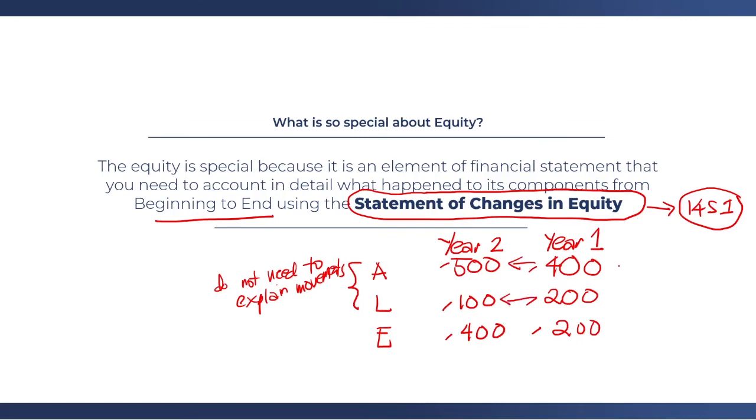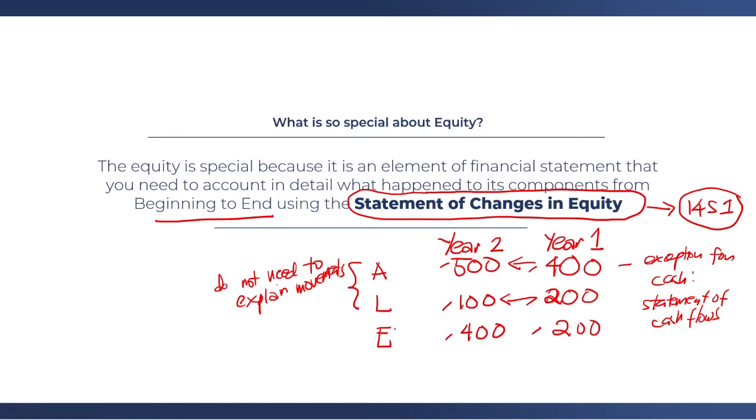But for the assets, there is one exception for cash because we need to present the statement of cash flows. For liabilities, there's no need for us to explain why this full 200 decreased to 100. What liabilities did we pay? So we need to explain that in the notes, but not as a separate financial statement.